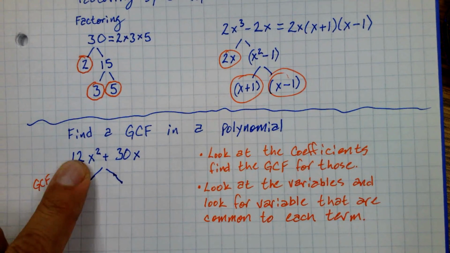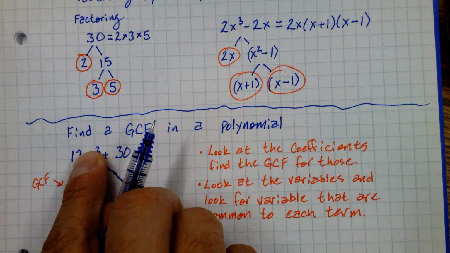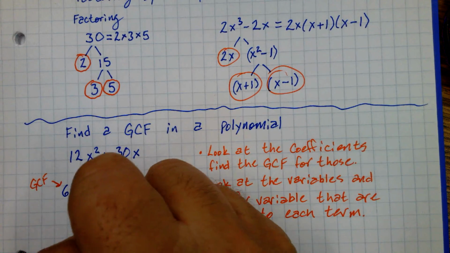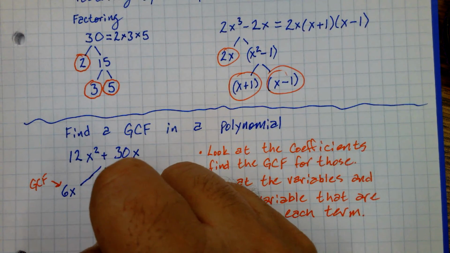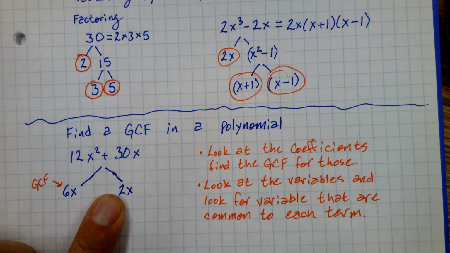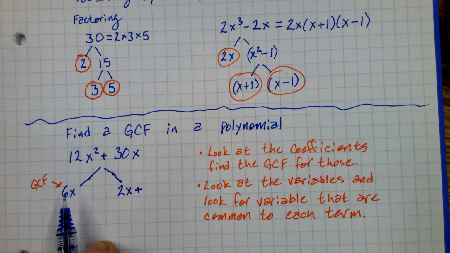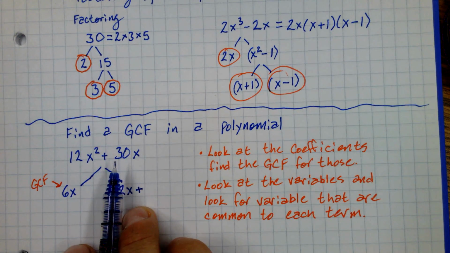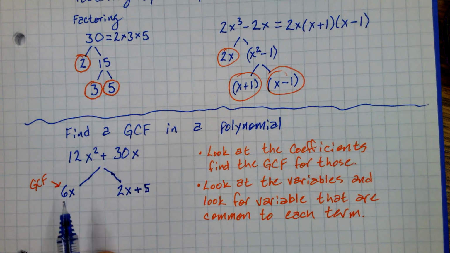So 6x times what gives me 12x? 6 times what gives me 12? 2. X times what gives me x squared? X. So I got 2x. I still have a plus sign. And now let's figure out the same thing here. 6 times what gives me 30? 5. Plus 5. How about x?